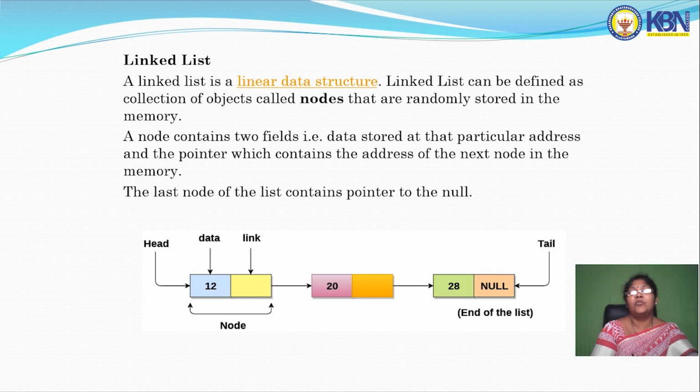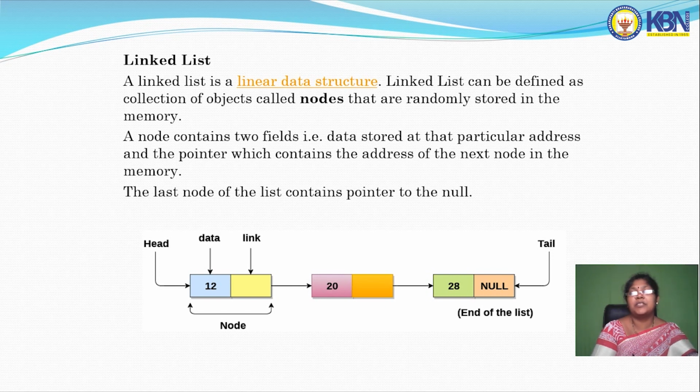And here, see how the linked list will work. The node contains two fields: the data stored at the particular address, and the pointer, which contains the address of the next node in the memory. The last node's pointer is null, because the end of the list is the tail part, is null, no element is there. Here in the head part, the first is the data element, 12 is the data, and the link means we have the address of the next element.